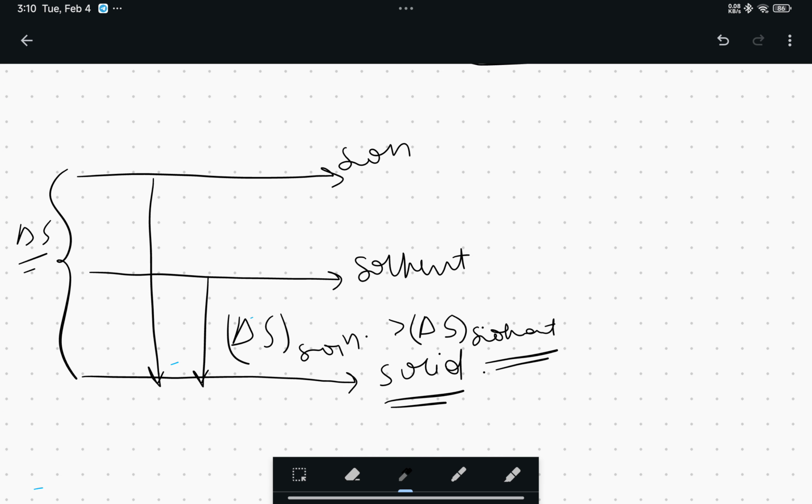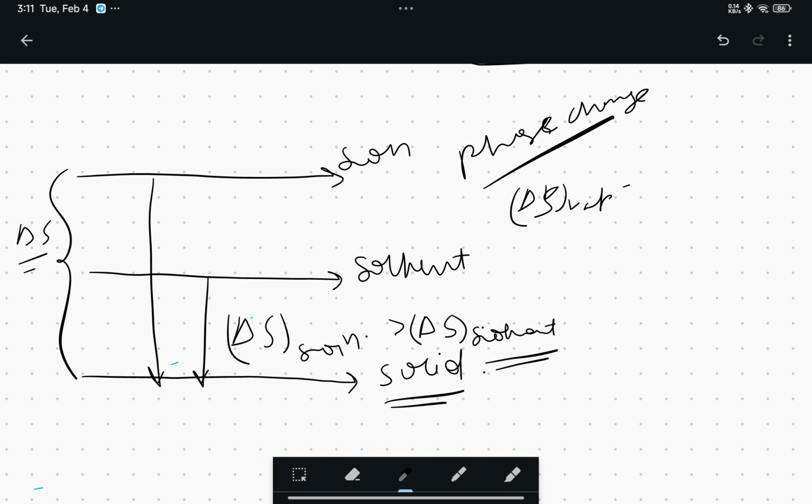Okay, so now if we write the same equation, as we know that this is the phase change, we can write entropy of vaporization is equal to delta H vaporization upon freezing point.